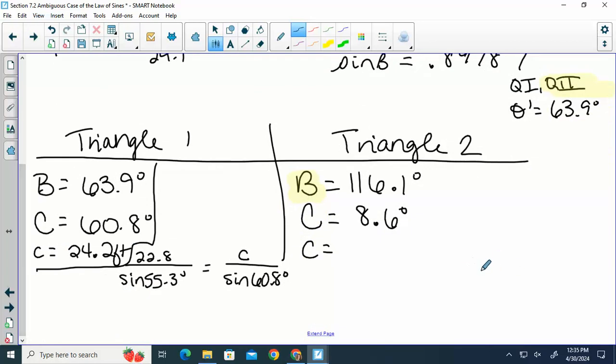Okay, so if we want side C, we do A over sine of A equals side C over the sine of our new angle C, 8.6 degrees.